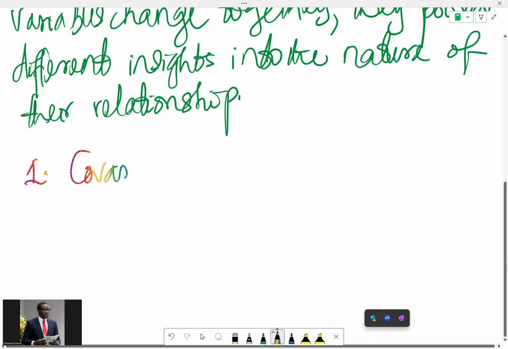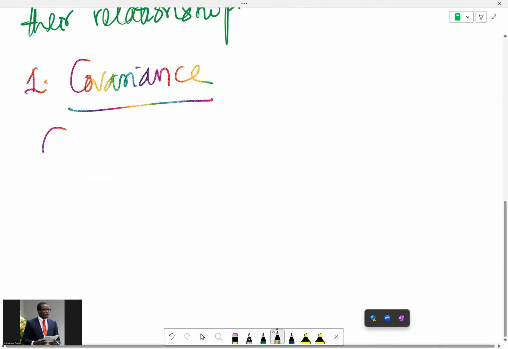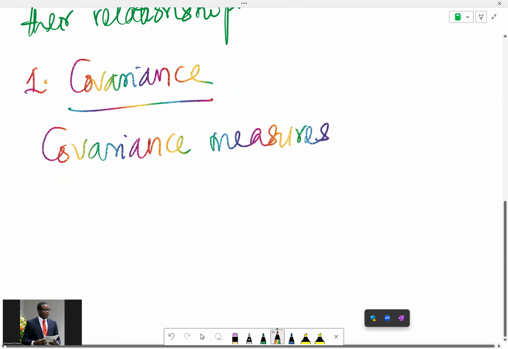So talking about covariance, for starters, covariance is like varying together. Covariance talks about varying together, and correlation talks about their relationship with themselves.